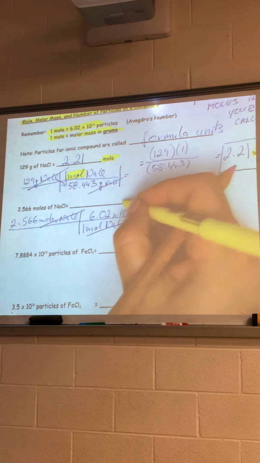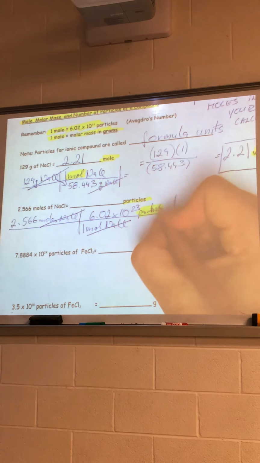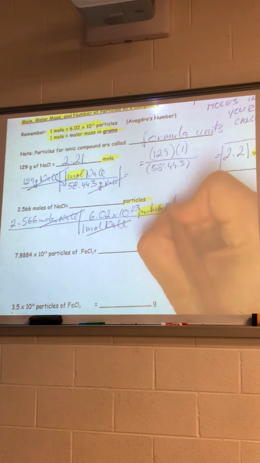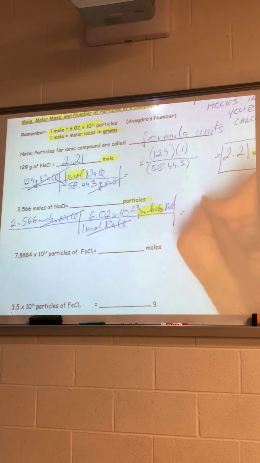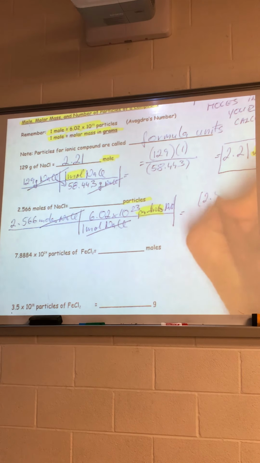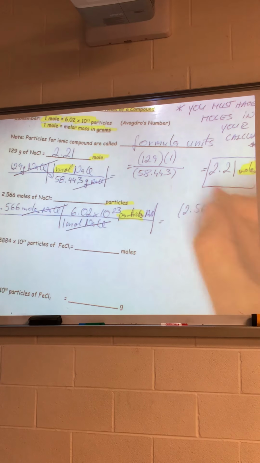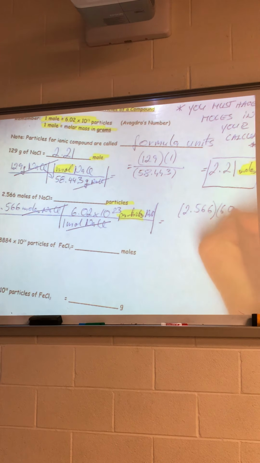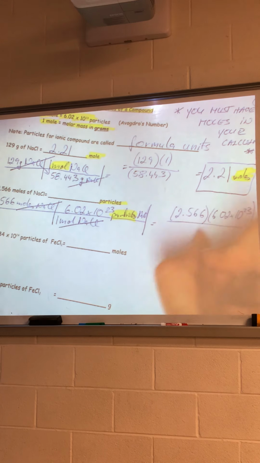So here are my particles that I'm requesting, and here's what I found. Particles of sodium chloride. And I have 2.566 times 6.02 times 10 to the 23rd, all that divided by 1.